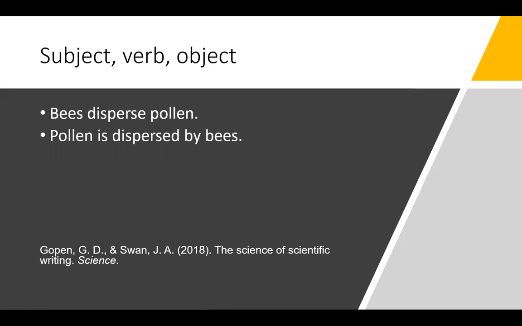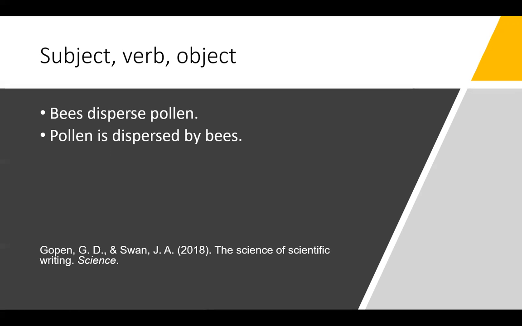When you include more passive voice, then the writing itself becomes much more complicated. So pollen is dispersed by bees. You have that is, which is a be verb, that passive voice, which creates this disjunction of sorts between the action and the agent, because the object becomes the subject.